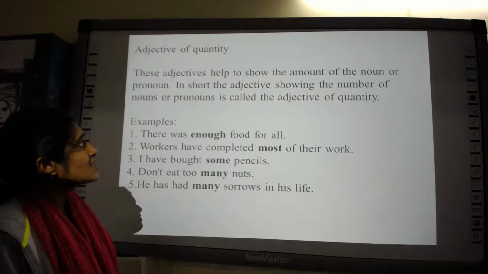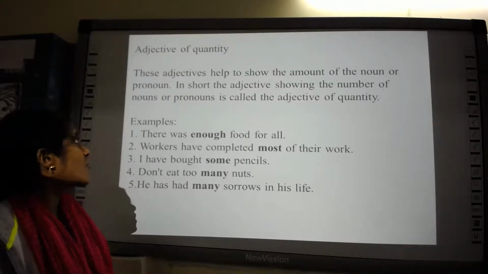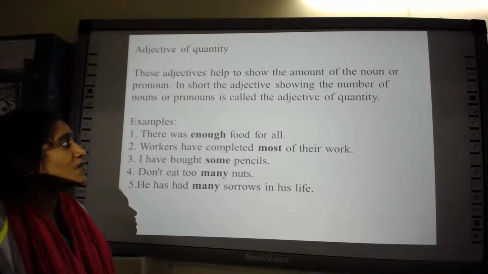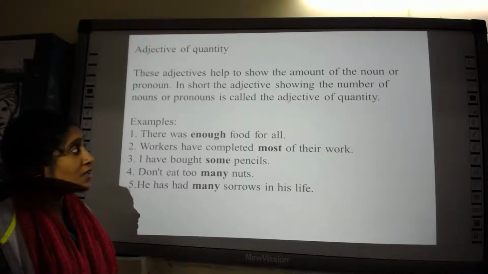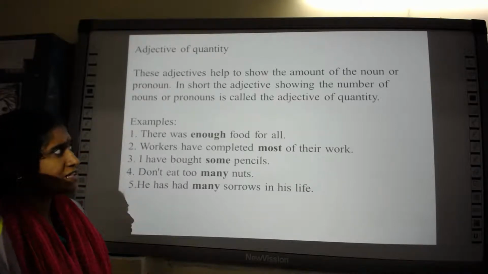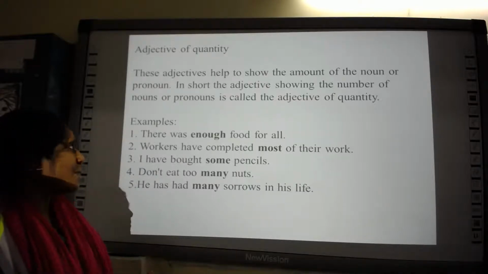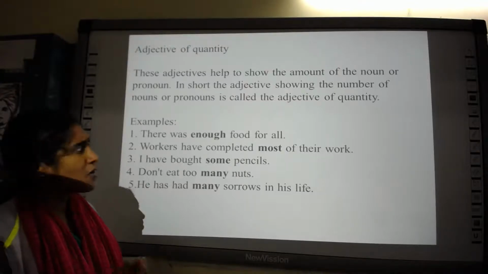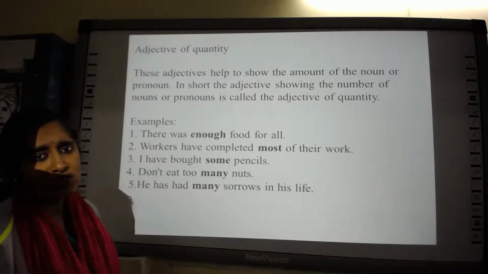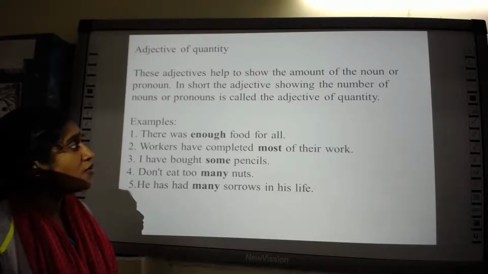In short, the adjective which shows the number of the nouns or the pronouns can be called the adjective of quantity.